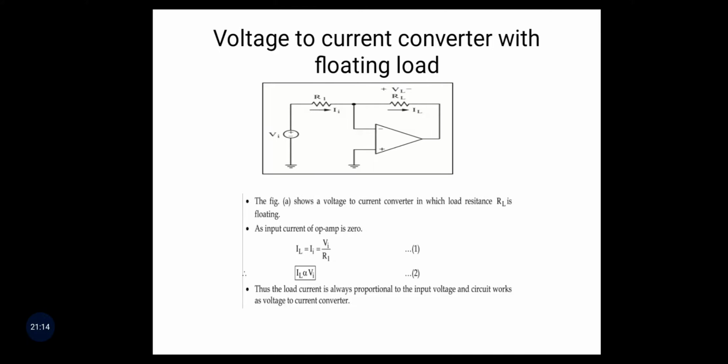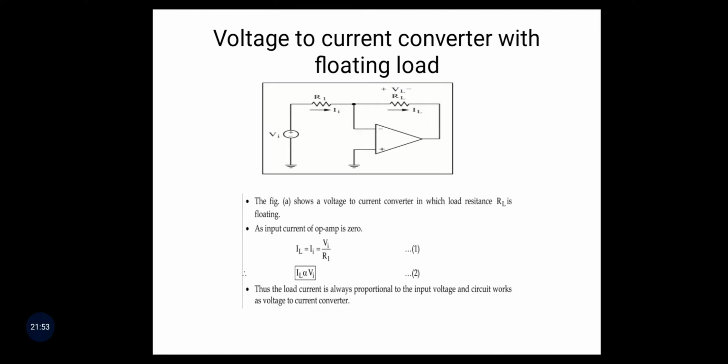Here is a voltage to current converter circuit. Here is the op amp, the input voltage is Vi, and the resistor is R1, with current Ii flowing through it. The load is RL, and across the load RL the current flowing is IL.